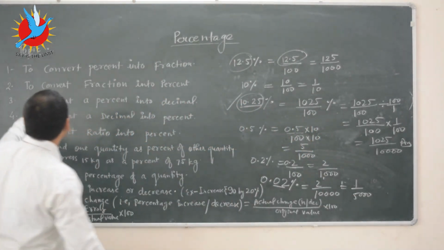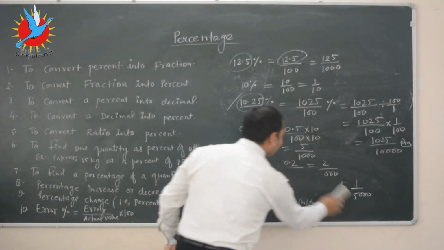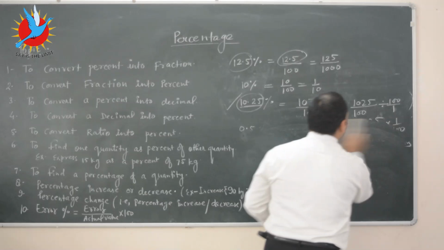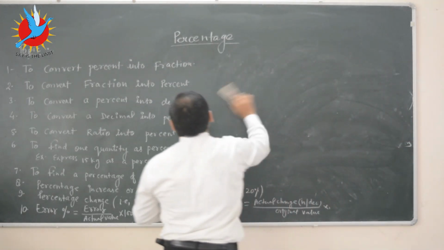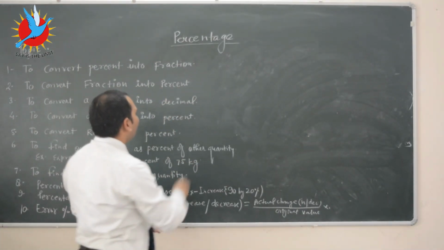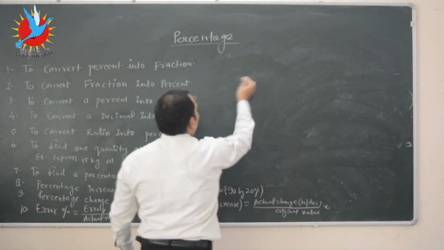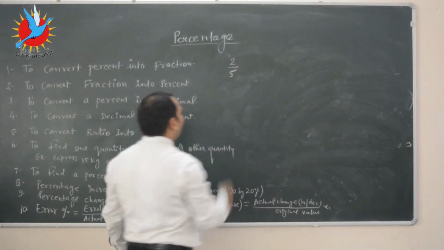Now second, to convert a fraction into percent, consider the fraction is 2 upon 5.